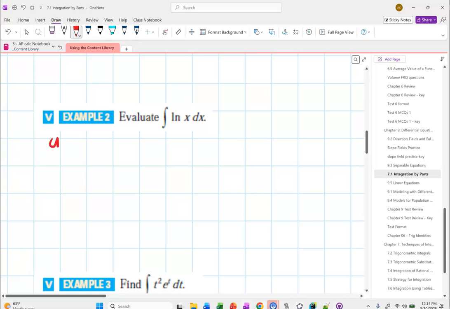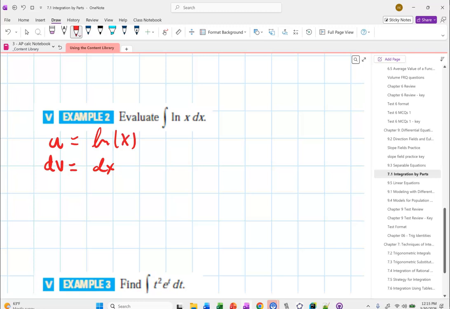If I can't do an antiderivative formula, I can't do a u-sub, then it's going to be by parts. I know the dx always goes with dv. And there's only one other thing left, that's the natural log of x, so that's got to be my u. That's how it has to be.